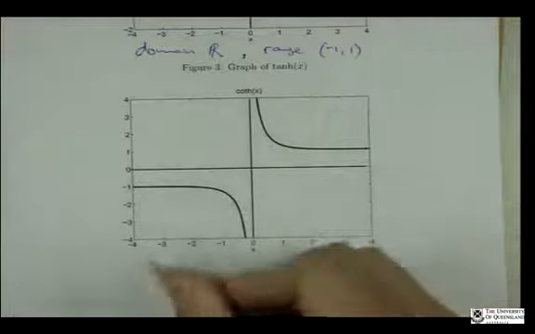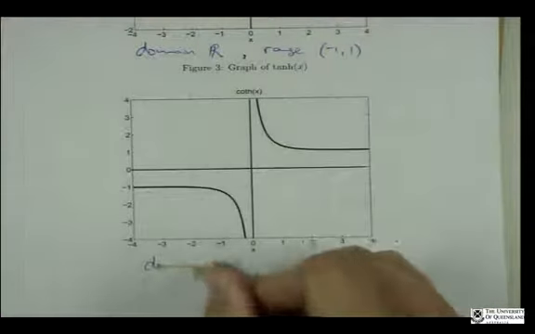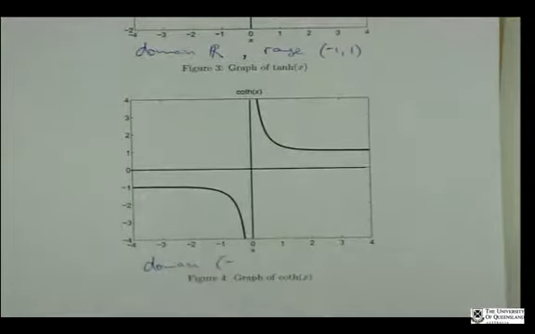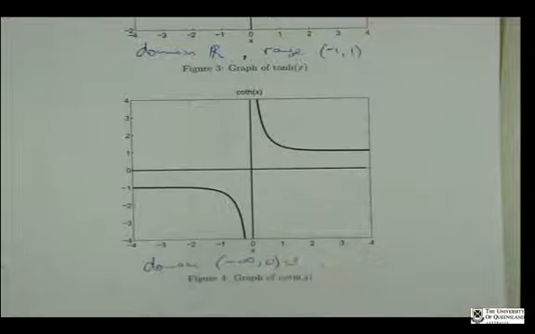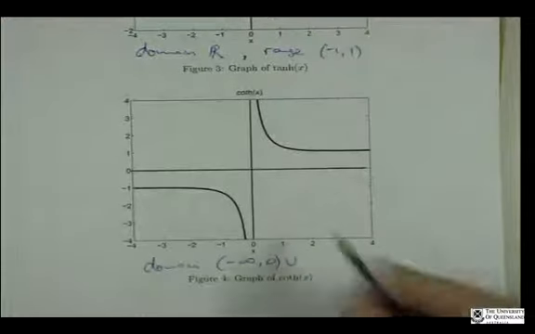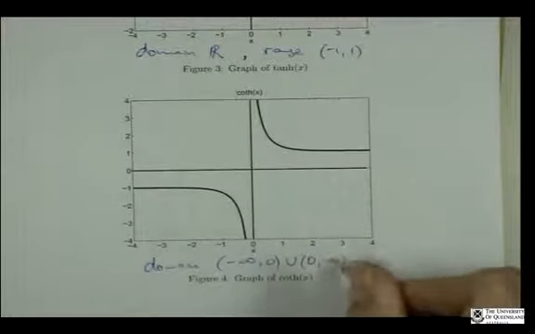All right, and for coth, the domain is a little more complicated. The domain we can actually write as the union of two intervals, namely the interval of all the negative numbers, so that is not including 0, and all the positive numbers. Right?